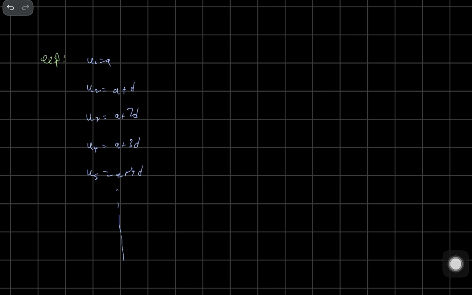So if you notice, we get to a certain nth term by taking the first term plus the number of steps multiplied by the common difference. Now the number of steps when you want to go to the nth term is basically n minus 1, since a is the first one.